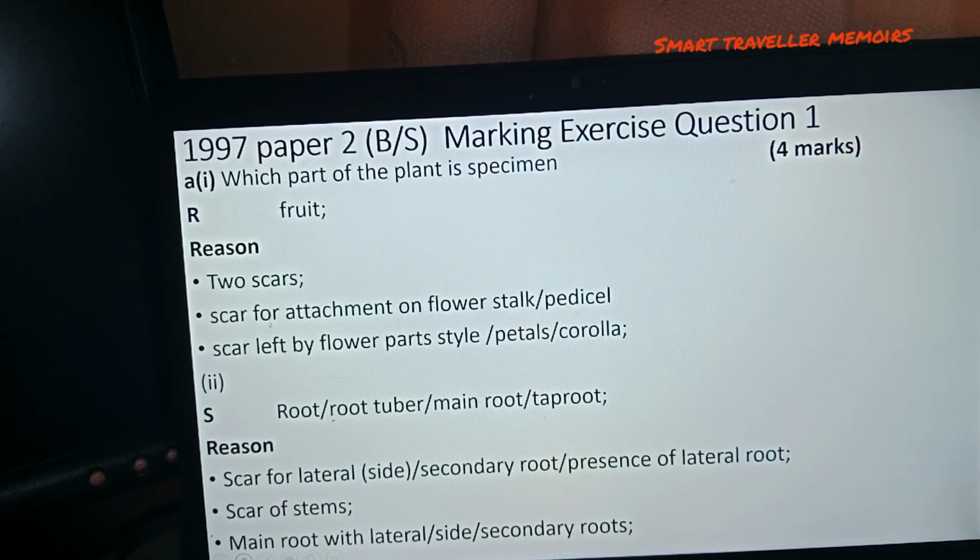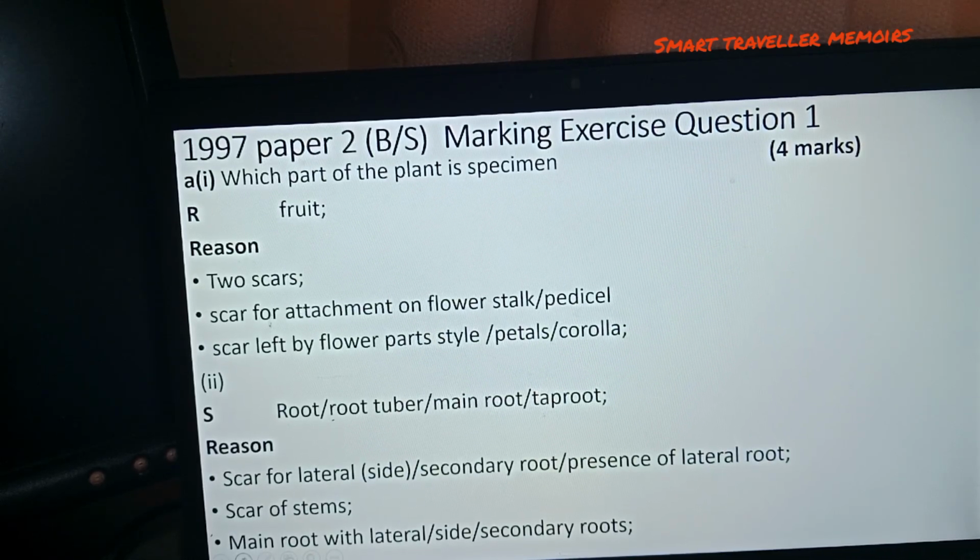So, which part of the plant is specimen R? Is a fruit. And the reason is that it has 2 scars, and the scars are scar for attachment on flower stalk or pedicel, and scar left by flower parts, that is the style, petals, and corolla. S is a root. You can also call it a root tuber, or main root, or taproot.